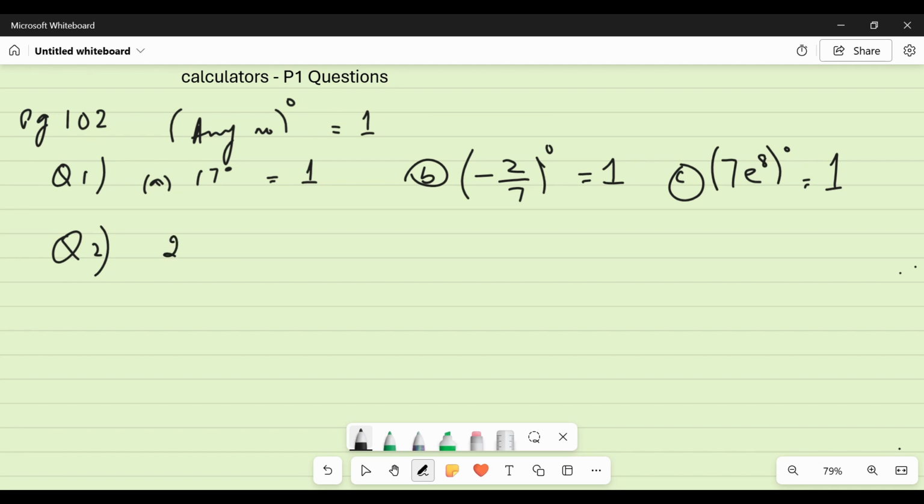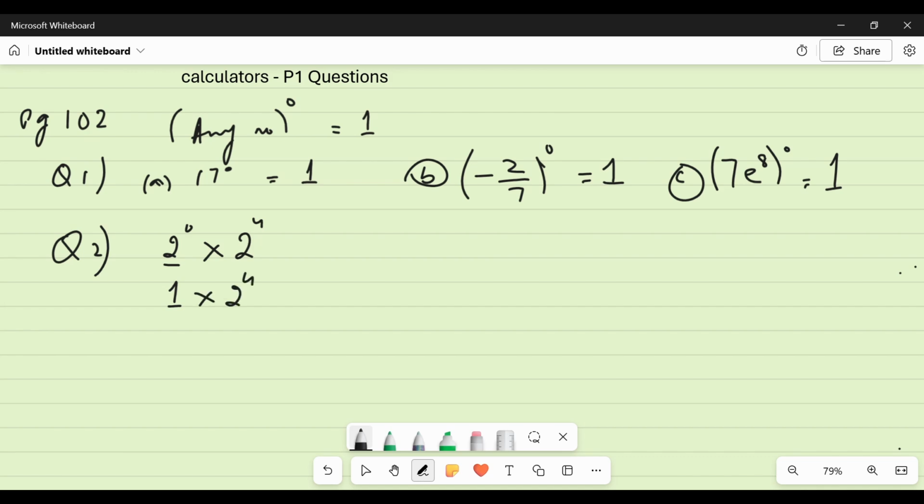So 2 to the power 0 times 2 to the power 4. As I explained in the previous question, any number with a power 0 is equal to 1. So this whole term converts into 1 times 2 to the power 4.